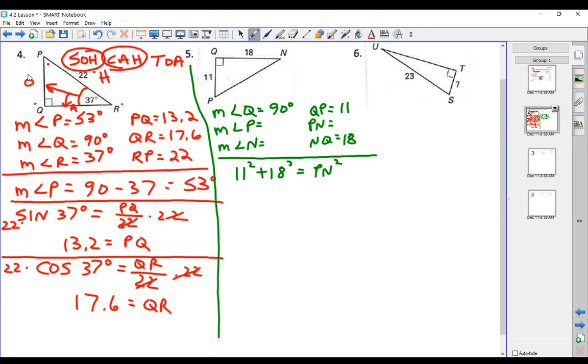Now, when I work out the powers here, 11 squared is 121, 18 squared is 324. And when I add those two together, I get 445. Remember, the way to get rid of a square is to take a square root. So I'm going to take the square root of both sides.